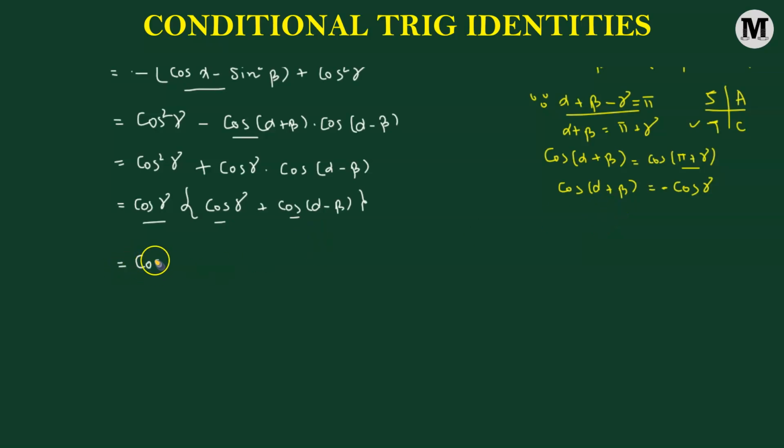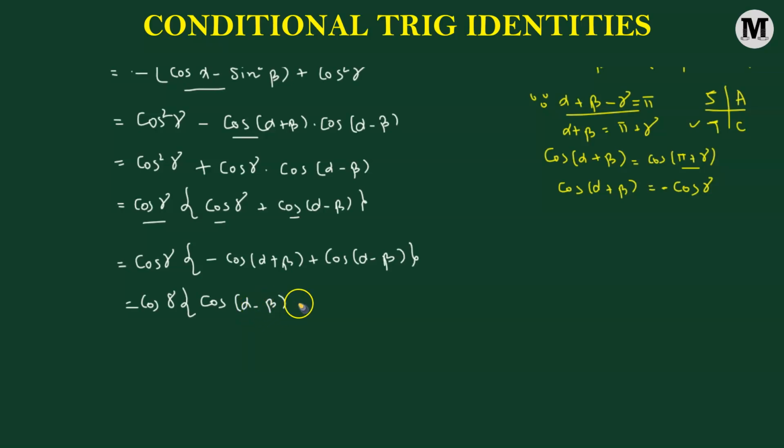So we are going to get cosine of gamma multiplied to negative cosine of alpha plus beta added to cosine of alpha minus beta. In other words, we have cosine of gamma multiplied to cosine of alpha minus beta minus cosine of alpha plus beta. So here we have the difference of two cosine functions.